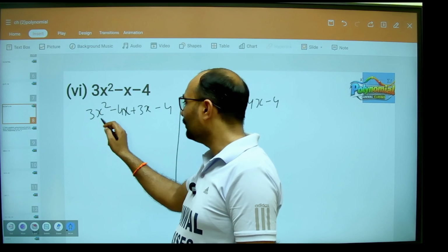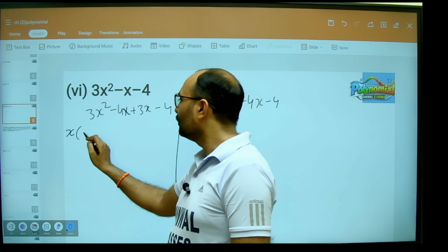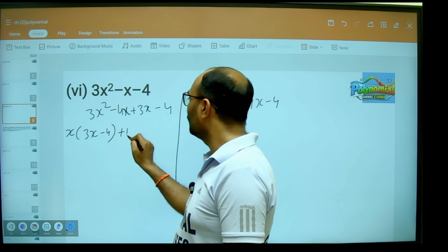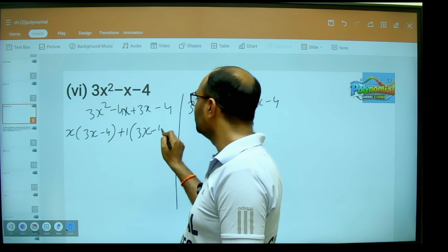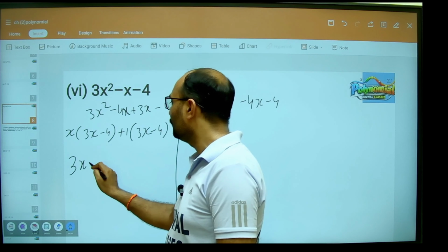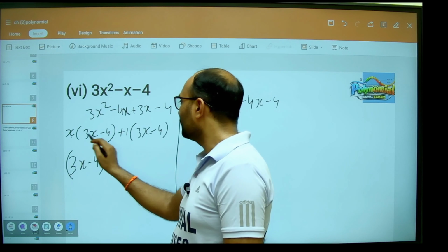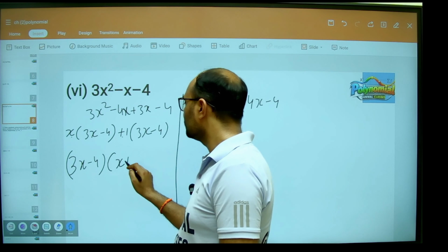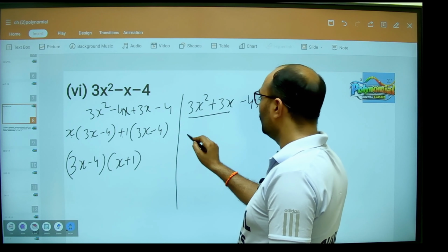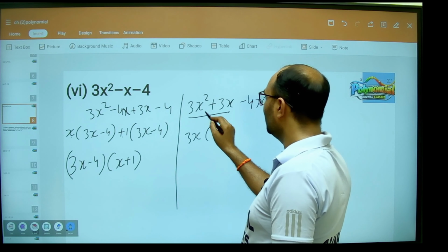If you change their position, the answer will remain the same. If I take out x as common, we are left with 3x minus 4. Again taking out 1 as common, 3x minus 4. Bracket is same, 3x minus 4, x plus 1. 3x is common here. We are left with x plus 1.